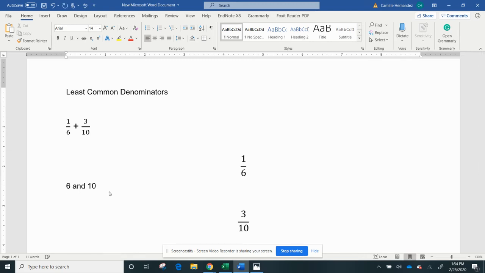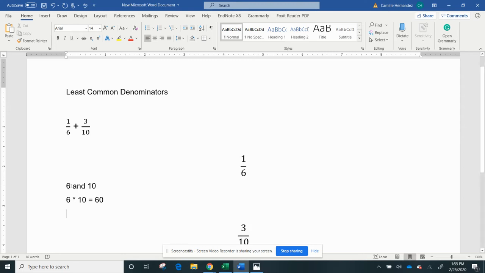So I can always do 6 times 10, and that's great because then that will give me 60, and both of these will go into 60. If you want to do something a little bit different, 10 could be 10, 20, 30, and I'd want to know 6 times what would give me a number that ends in 0.